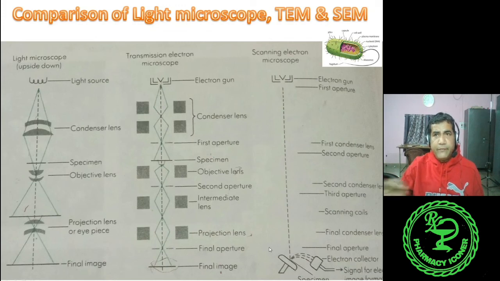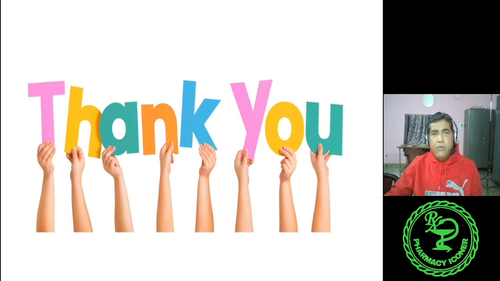It's moving, and as it moves it falls on different areas of the specimen, and when it falls on the specimen, the electrons are scattered. Those scattered electrons are collected by this device and ultimately form an image. So these are the different types of microscope. I thank you for watching.